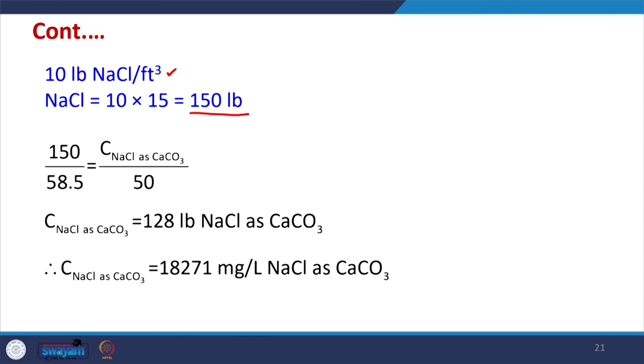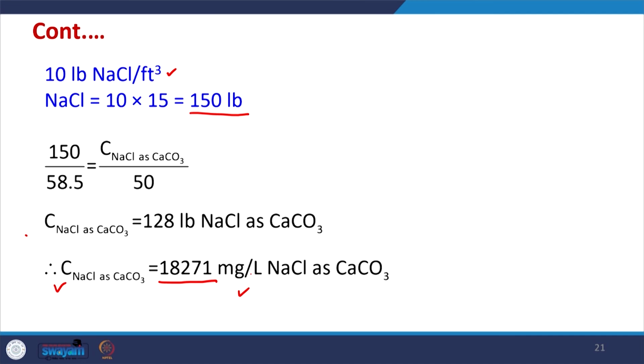Now, for performing the calculation again we do. The calculation of NaCl comes out to be 18271 milligram per liter of NaCl as CaCO3. So, we have performed all the calculations.